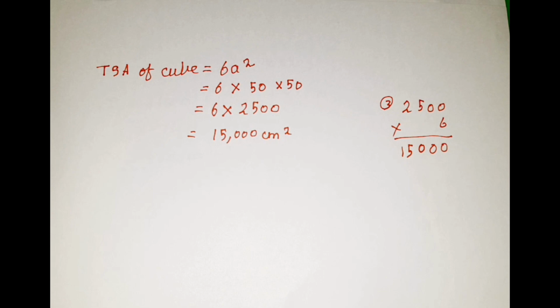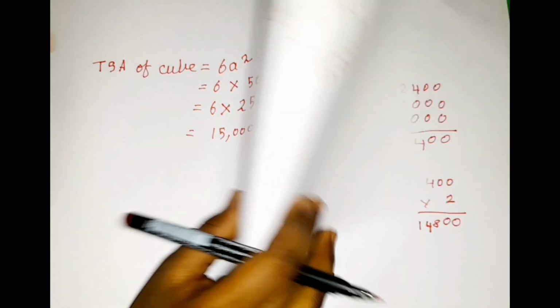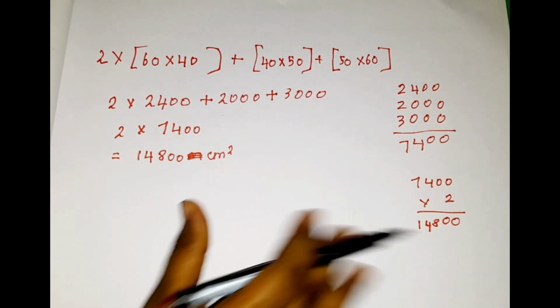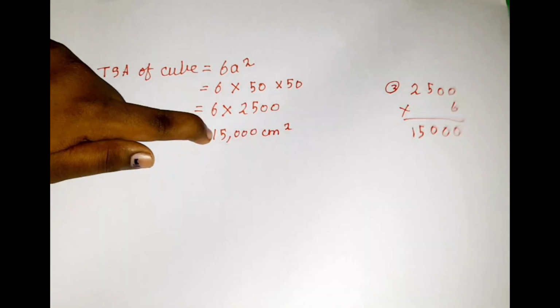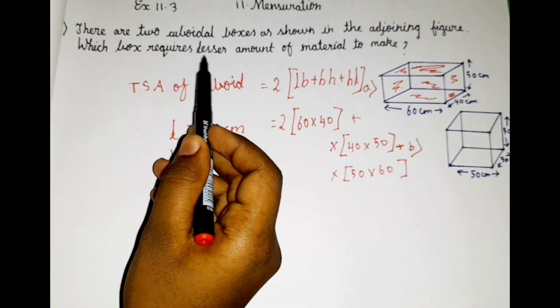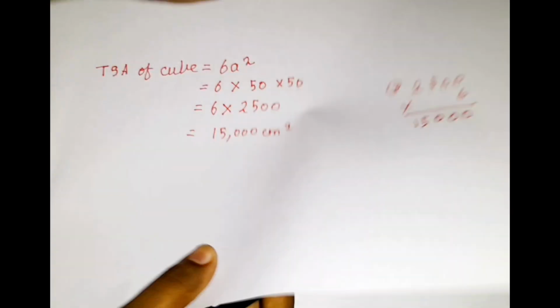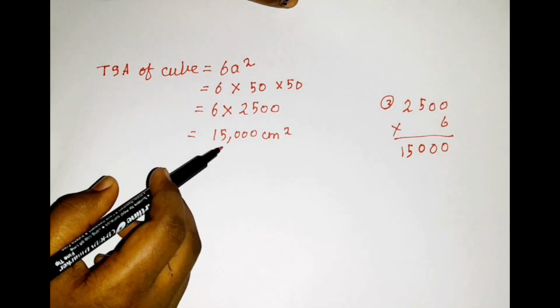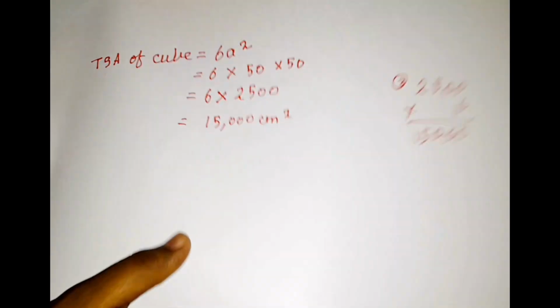So at last we have found the TSA of the cube too, that's why I wrote centimeter square. So now we are going to see which one is having the larger area. So here we have 14,800 and here we have 15,000, am I right? In the question they asked which box requires a lesser amount. So the larger area is the cube's TSA value. So what is the lesser area?